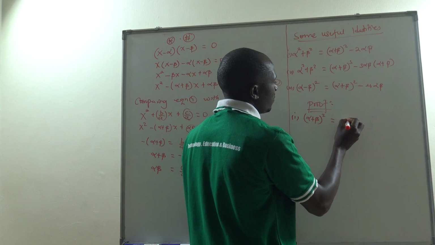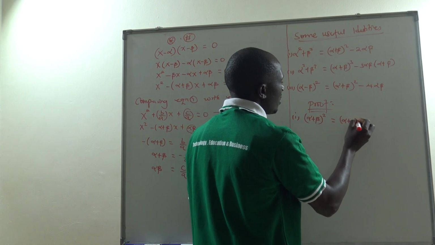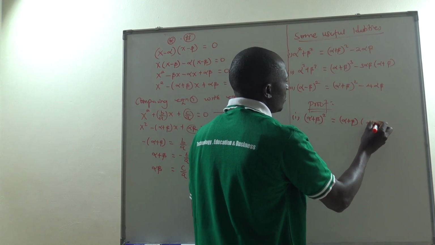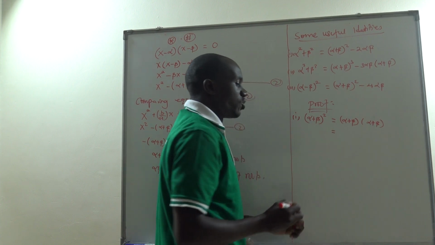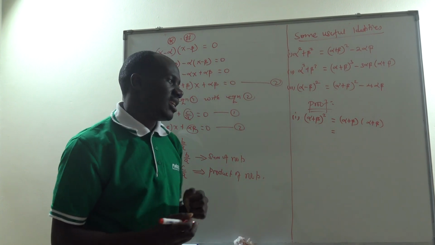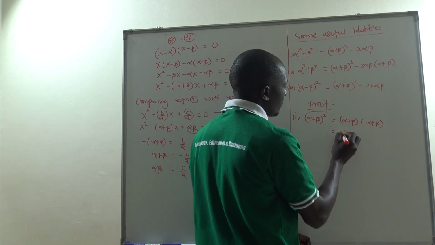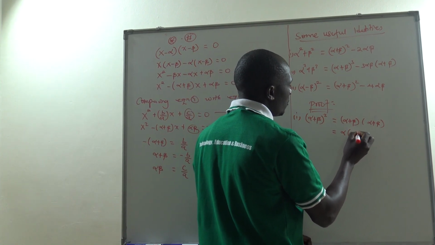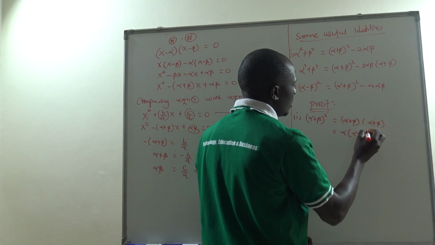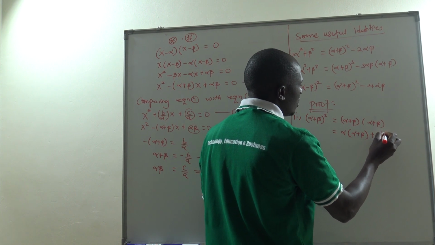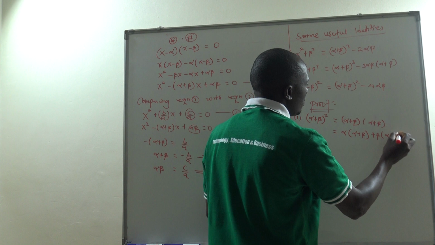This is the same as alpha plus beta, again into alpha plus beta. So we are going to use layman's understanding on how to open the two. The first one is alpha into alpha plus beta. Then here there is plus beta into alpha plus beta.